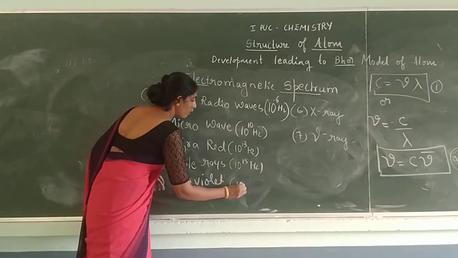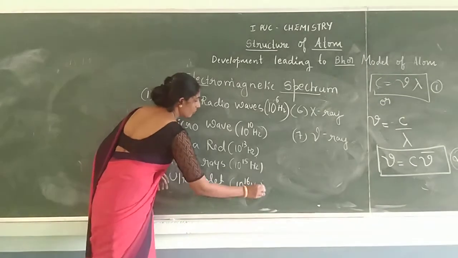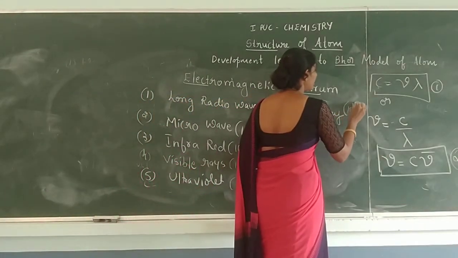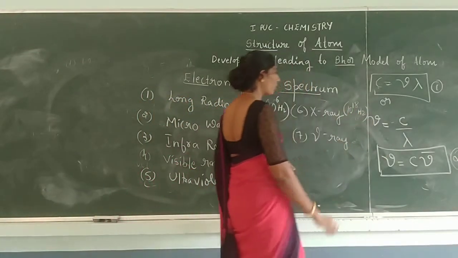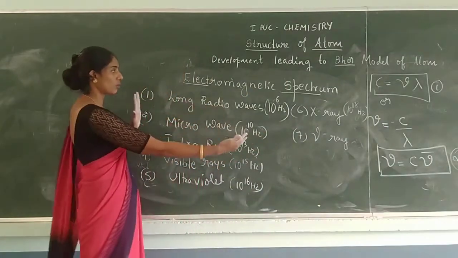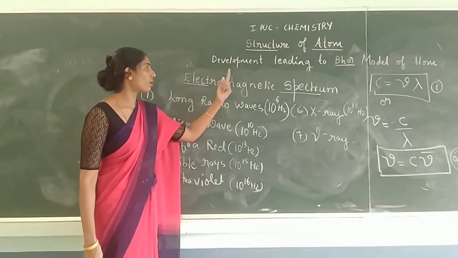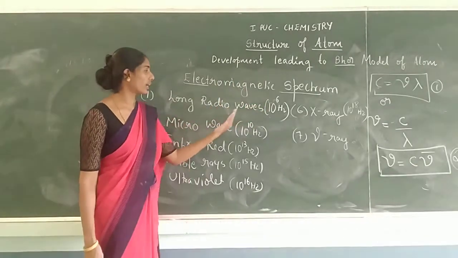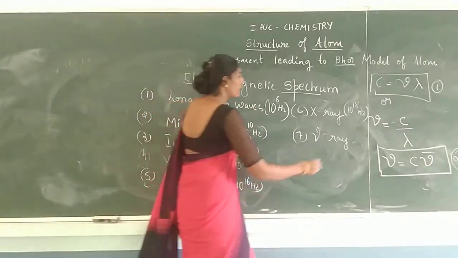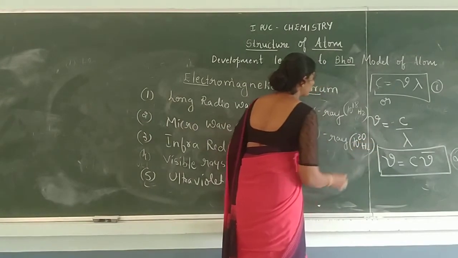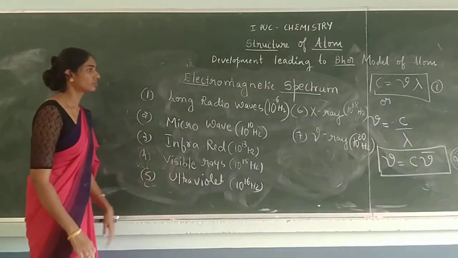Ultraviolet is 10 to the power 16 Hz. X-rays 10 to the power 18 Hz. These are approximate. Gamma rays are more than that. Okay.